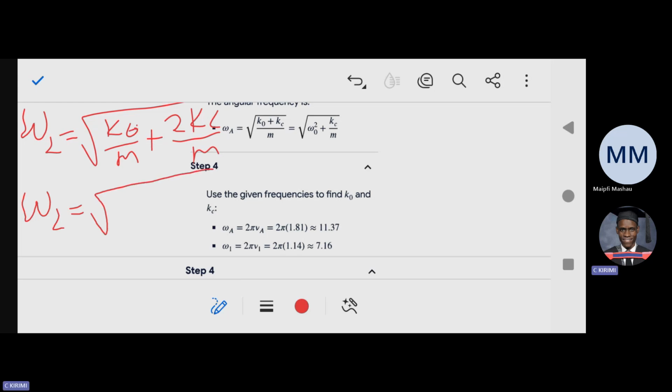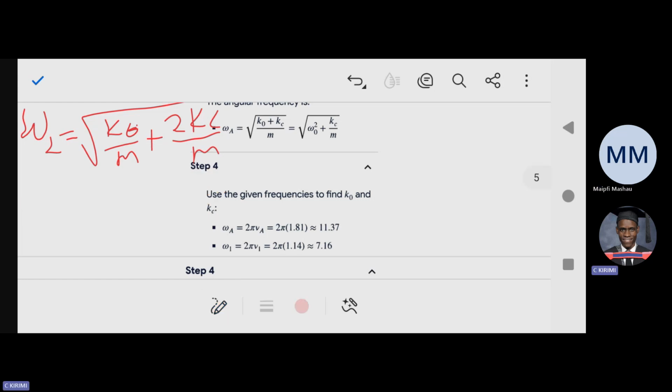We already indicated that this is W naught squared. So W2 equals the square root of K naught over M plus 2Kc over M.